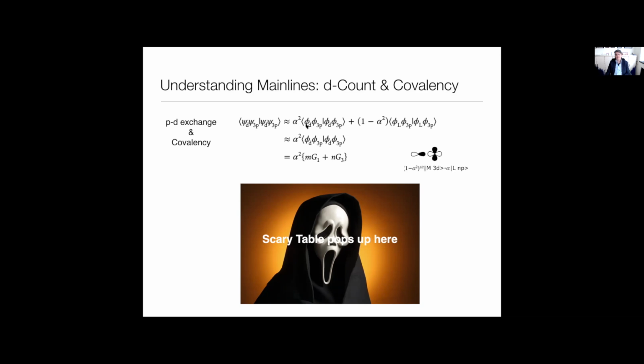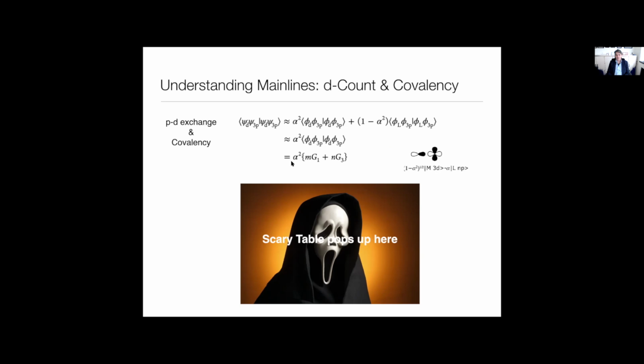That ligand character is then modulating the size of this exchange integral, and the splitting that you see experimentally depends on that exchange integral, and hence, by means of this equation where m and n are integers, depends also on the metal-ligand covalency alpha squared.